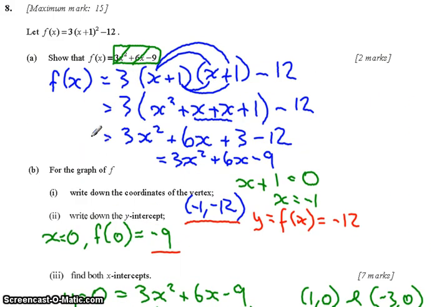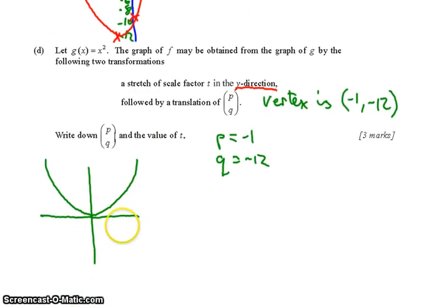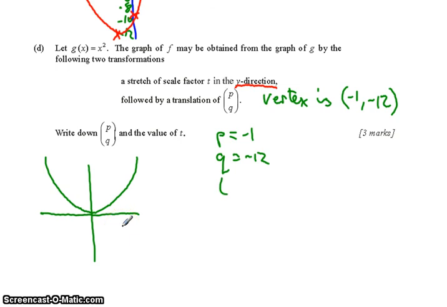What we've got here is our function, and it would look like 3g of x plus 1 minus 12. Which one is the vertical stretch? It's this value here, the 3, which means T must be equal to 3.